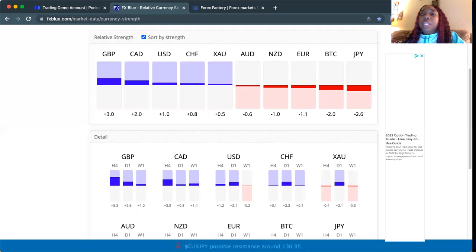So there's no trend happening, and you always trade with the trend, not against the trend. If you have heard that saying, it is so true. It's really not good to trade against the trend. It's better to trade with it. You get more profitable trades if you trade with the trend versus if you are purposely trying to go against the trend.